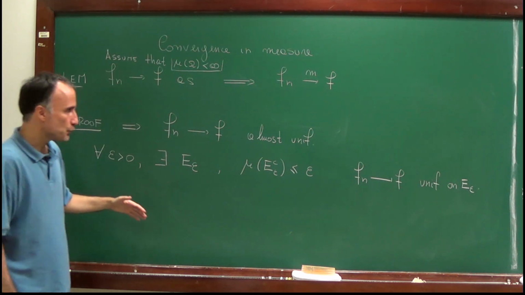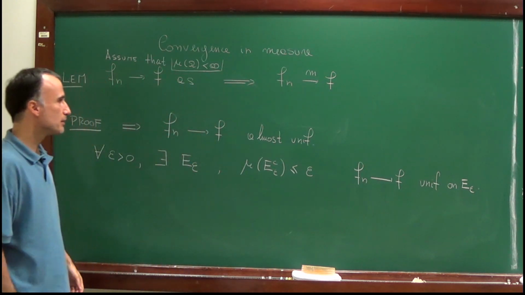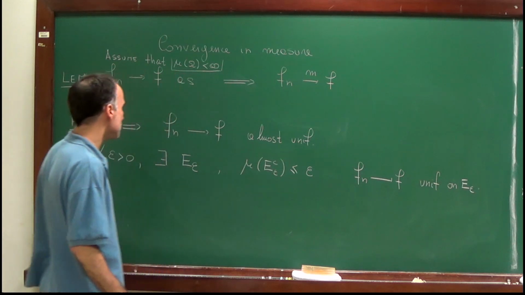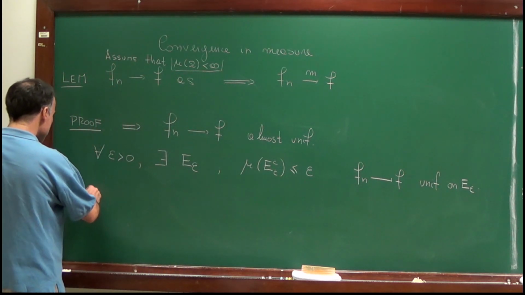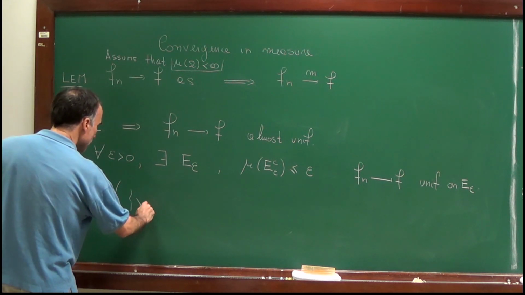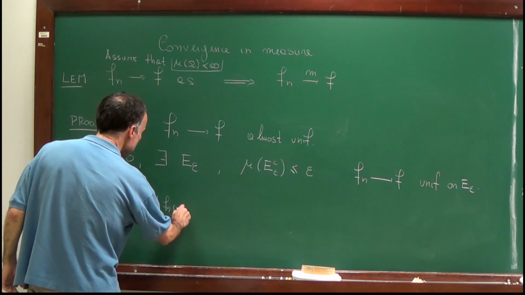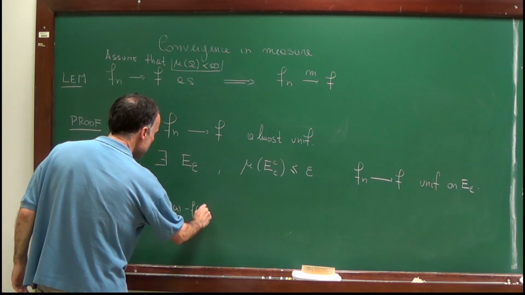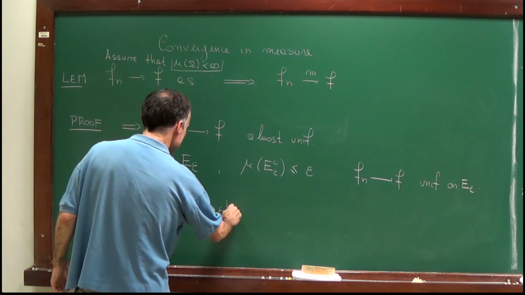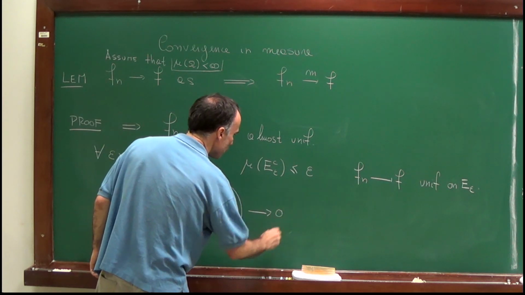Once we have almost uniform convergence, we have now to prove that this entails convergence in measure. So for convergence in measure, what we need to prove is that the measure of the points x such that |fn(x) - f(x)| is bounded by epsilon converges to 0. So this is what we need to prove.